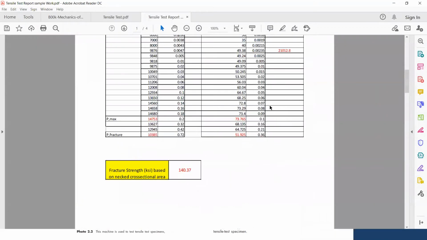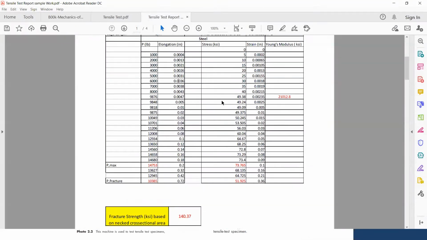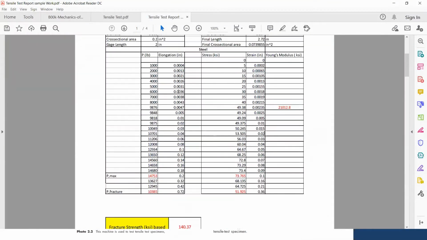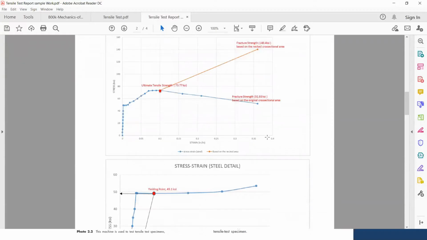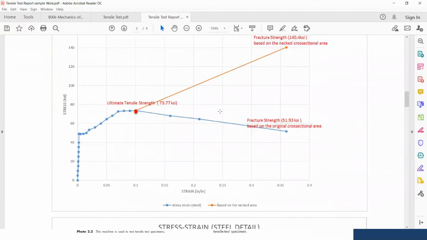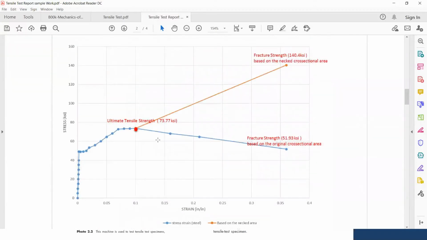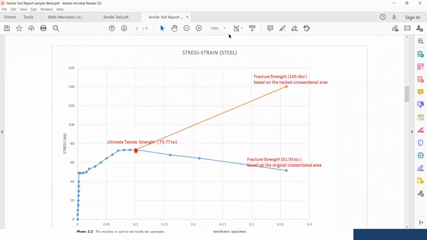So based on these results, I can now develop my table, my graphs. All I want to see in the graphs is the labels. What is this graph? I know by looking at it, it is a stress versus strain graph for steel specimen.